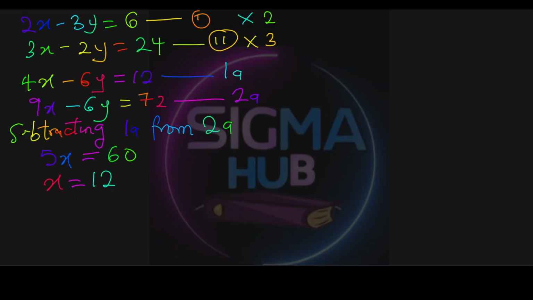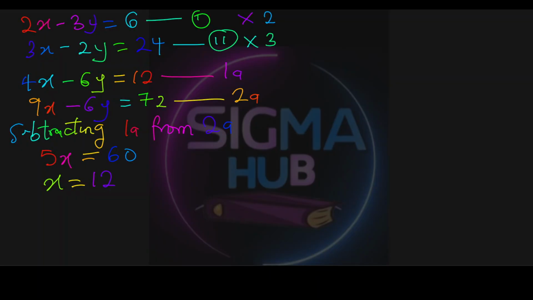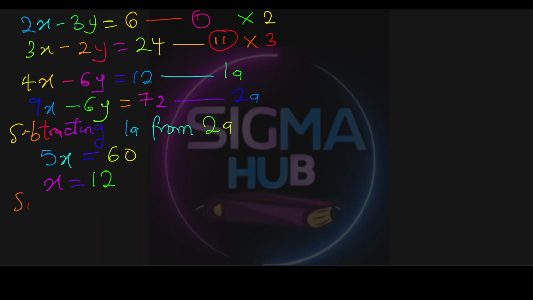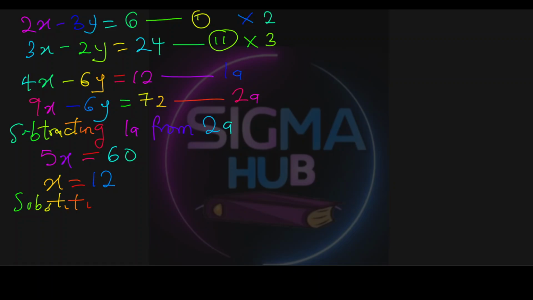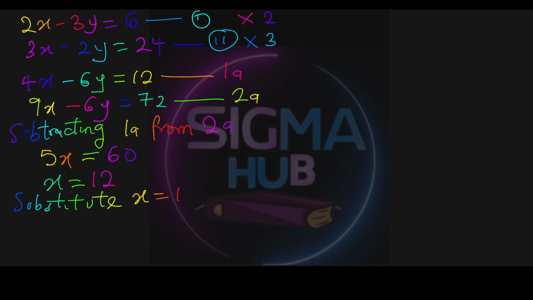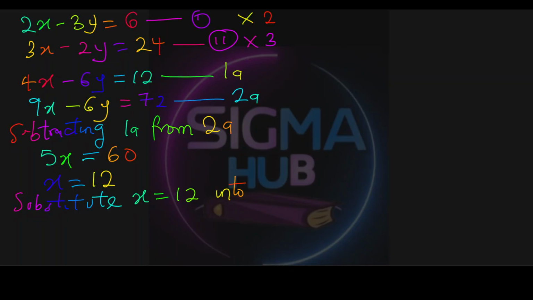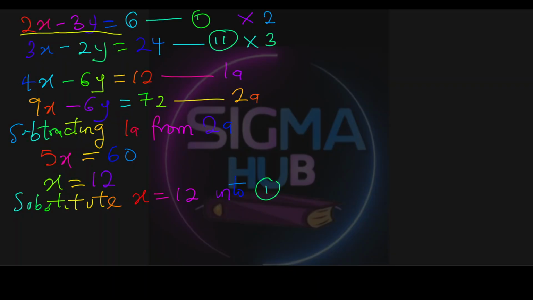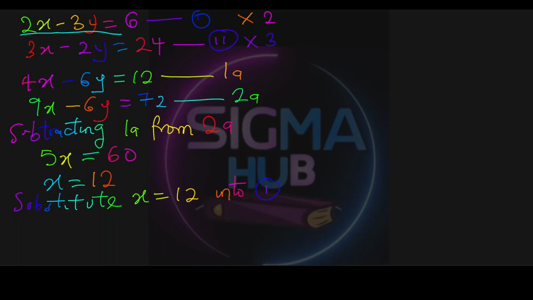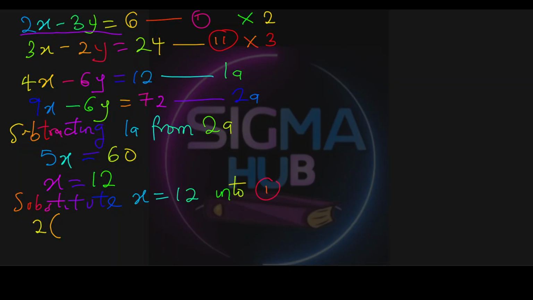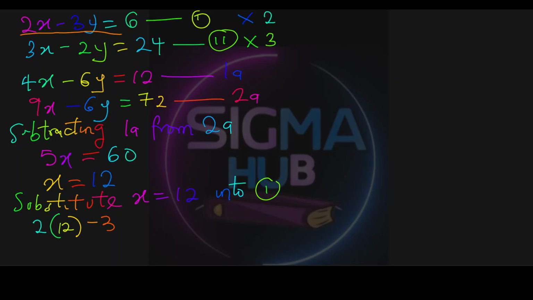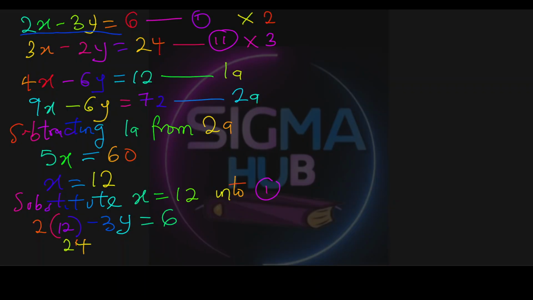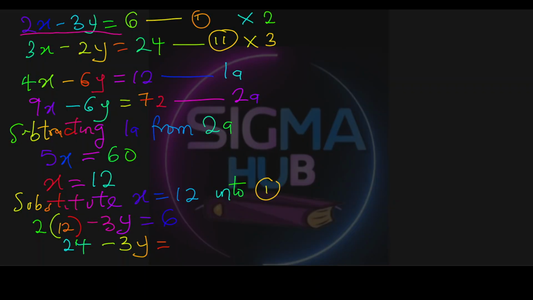Then we can substitute the value of x into any of the equations, equation 1 or equation 2. So substitute x, which is equal to 12, into equation 1. And equation 1 says 2x minus 3y is equal to 6. So we have 2 times 12 minus 3y equal to 6. So 2 times 12 is 24, minus 3y equal to 6.